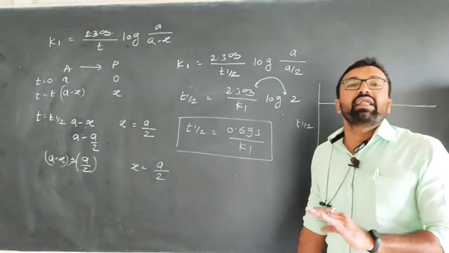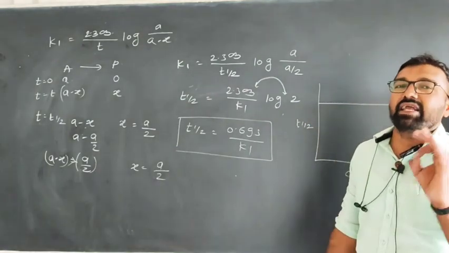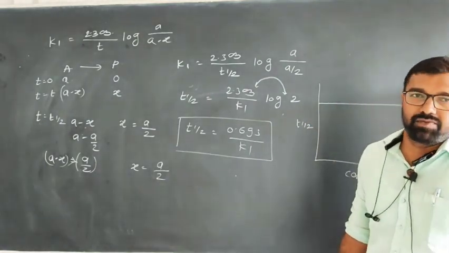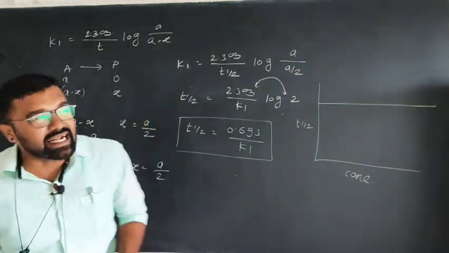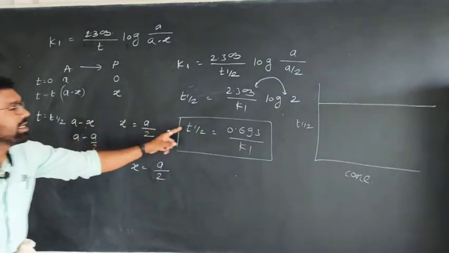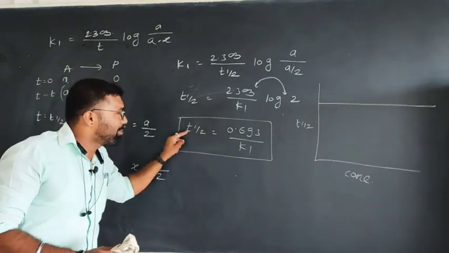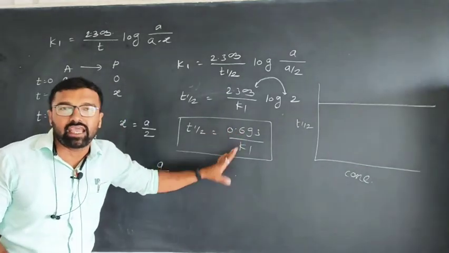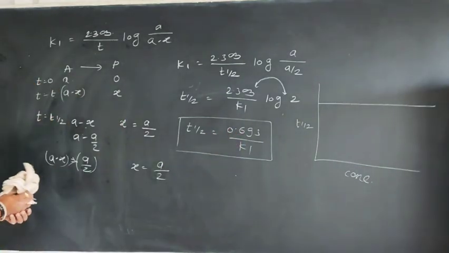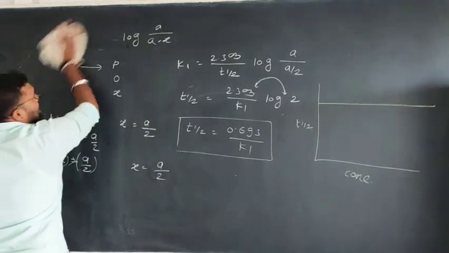First order reaction never completes. It requires infinite half lives. This is the second characteristic. Remember this. t half, that is the half life period of a first order reaction, is 0.693 upon k1. Numericals will be asked on this, and we are going to solve numericals on this.